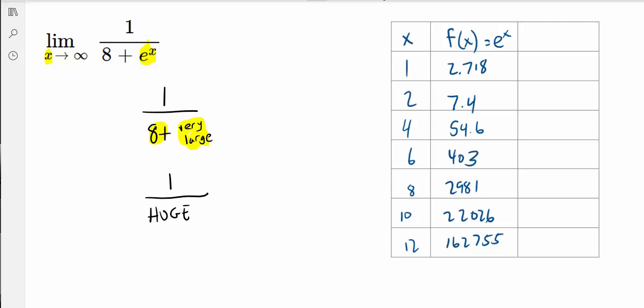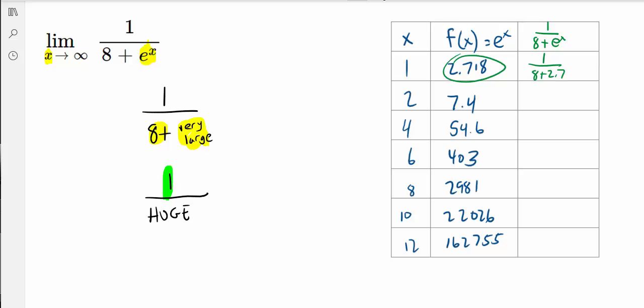And so what happens is the same thing that happened in the first example. Whenever you have a fixed numerator, like in this example 1, the larger your denominator gets, the closer the fraction gets to 0. So for example, if I made a column and had the function 1 over the quantity 8 plus e to the x, what you'd have is 1 over 8 plus 2.718.